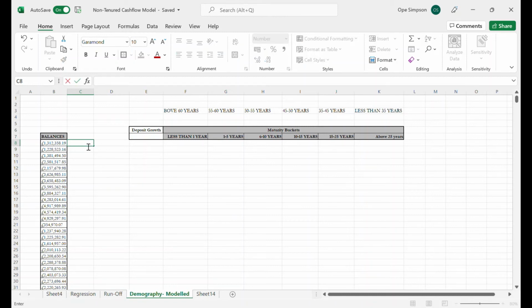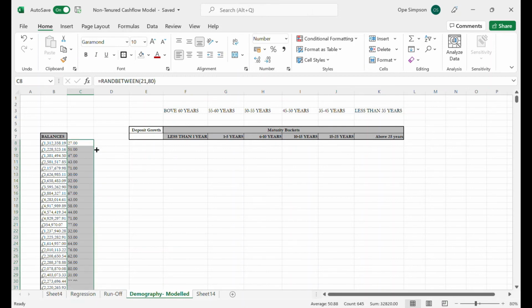For example, let's say our individuals are aged between 21 to 80 years, and we drag down. So we have their ages at this point in time.